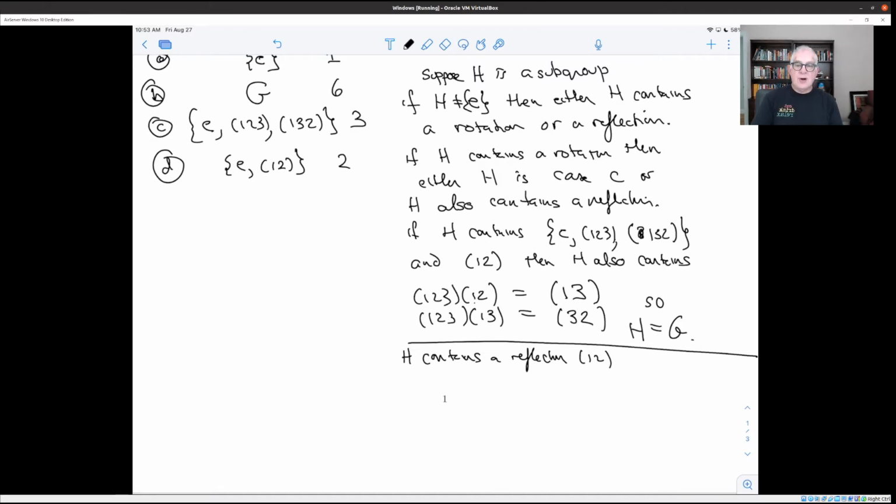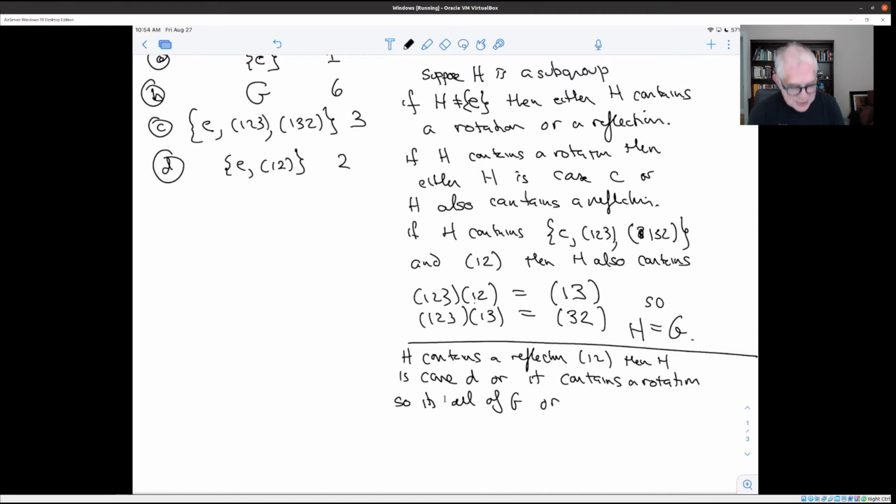Well, then you're either in case D, or H also contains a rotation, (1 2 3) or (1 3 2), and then we just showed that if you have a rotation and a reflection, you're the whole group. And in that case, it's all of G.